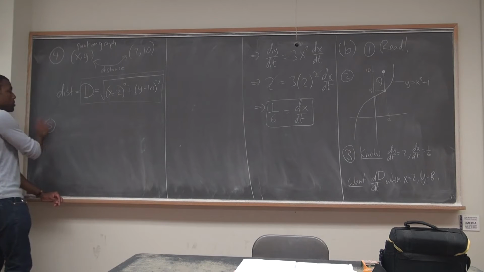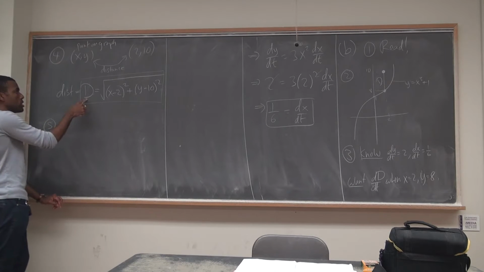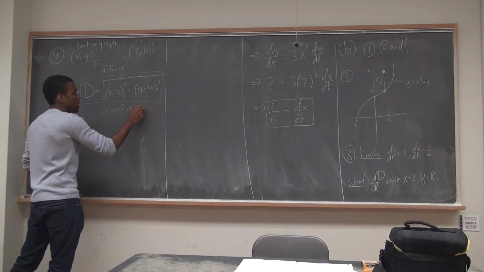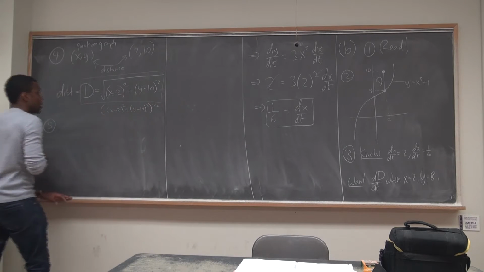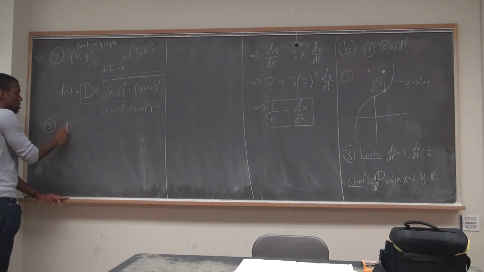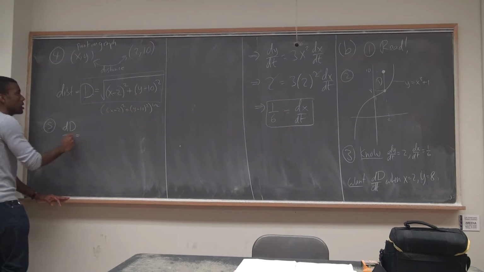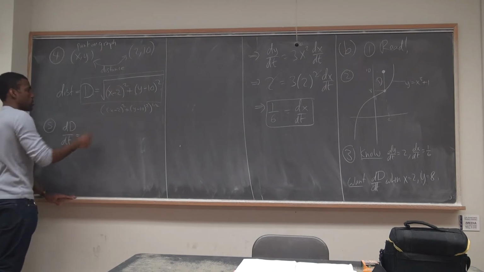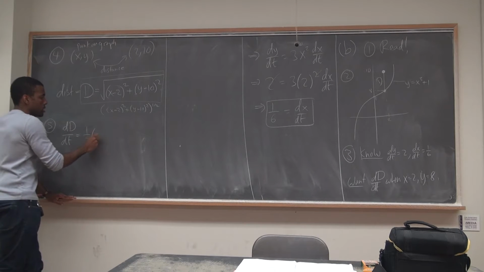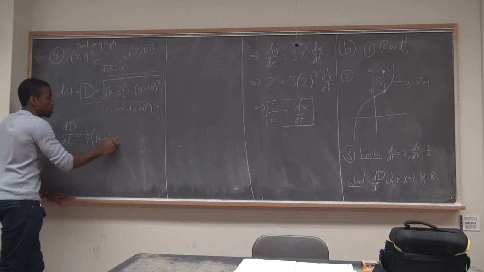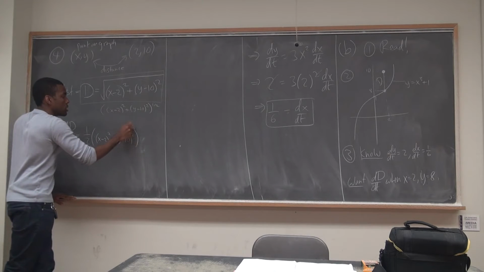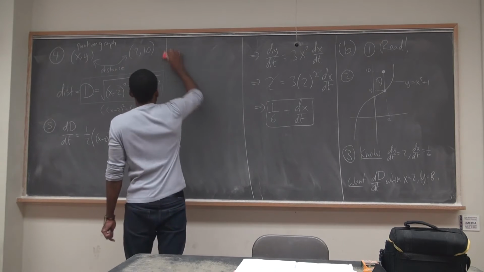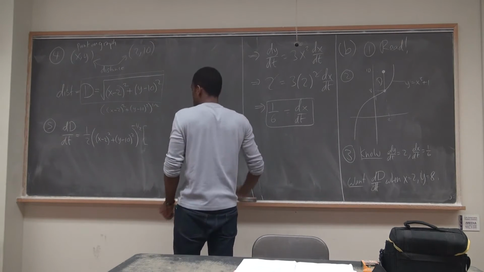Brings us to step 5. Derivative of D. Sure, I can look at this as (x minus 2) squared plus (y minus 10) squared, to the 1/2. Derivative of this, dD/dt equals, what's the derivative of that? Chain rule. Differentiate the outside, (x minus 2) squared plus (y minus 10) squared, to the minus 1/2, multiplied by the derivative of the inside. So derivative of the inside is what?